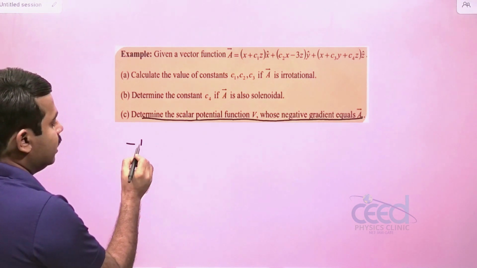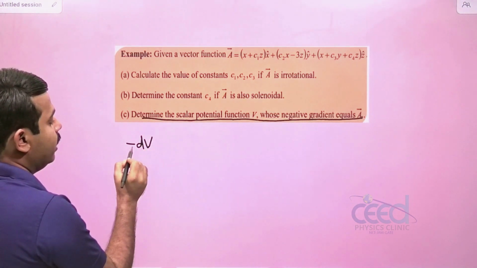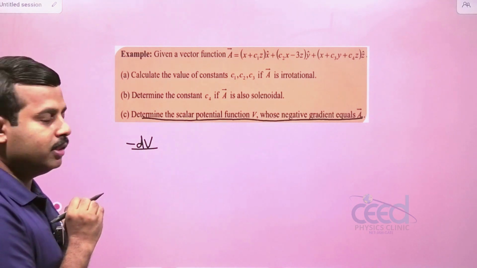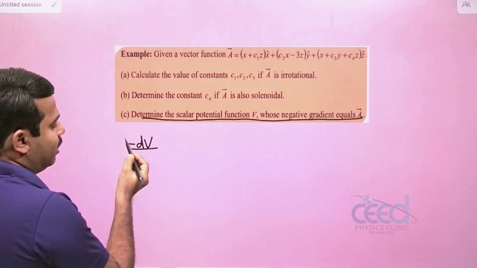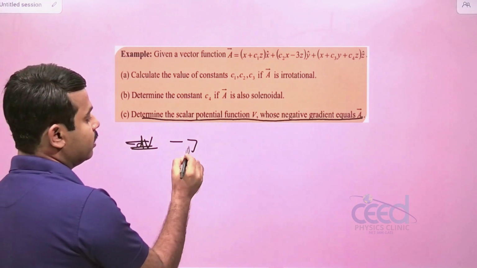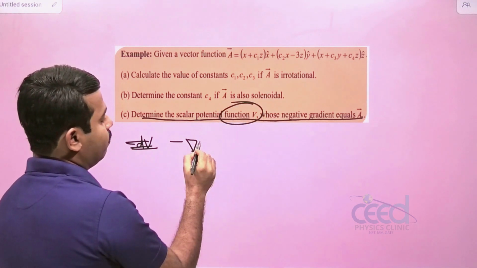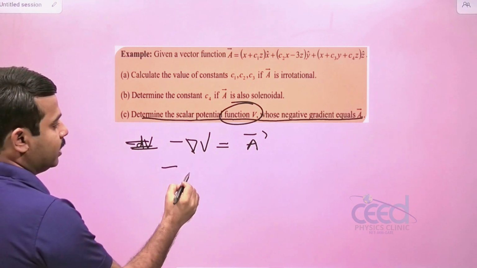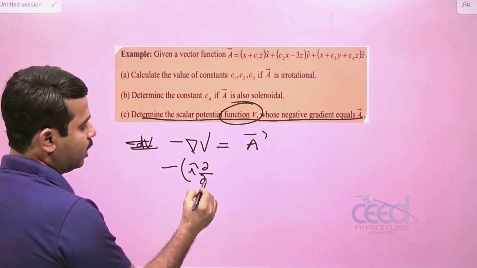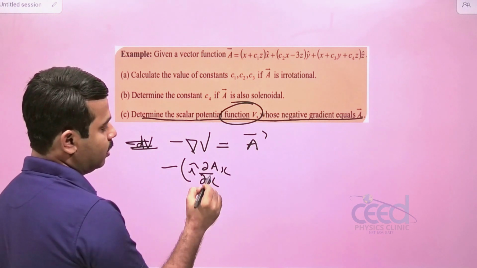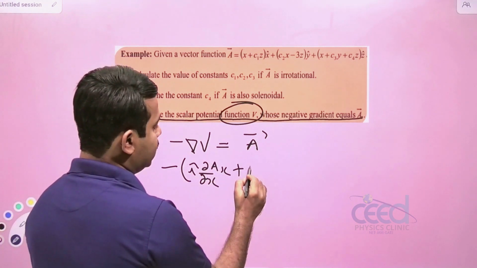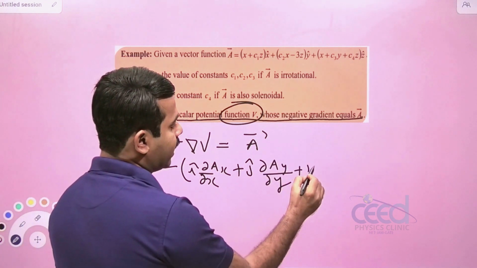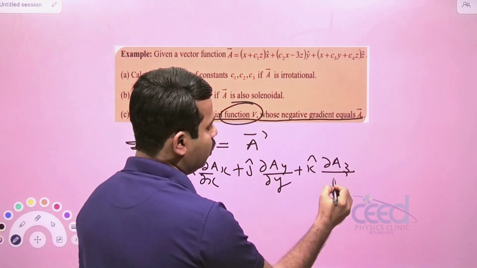How do we represent a negative gradient of V? Minus del V equal to A, given. Then minus i cap dou by dou x, dou Ax by dou x, j cap dou Ay by dou y plus k cap dou Az by dou z.